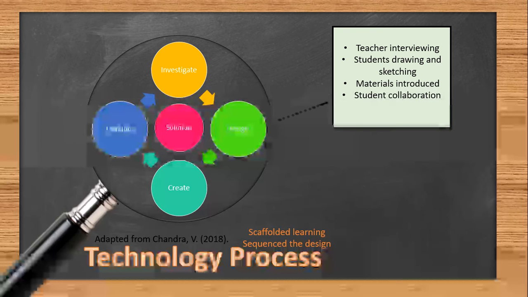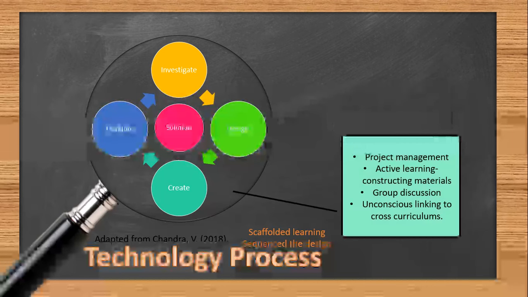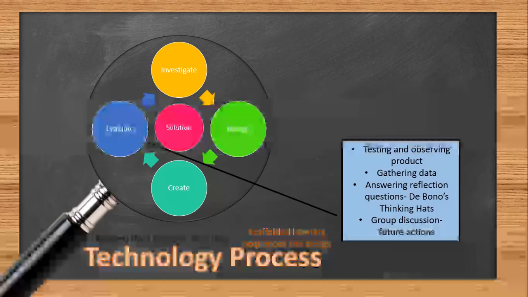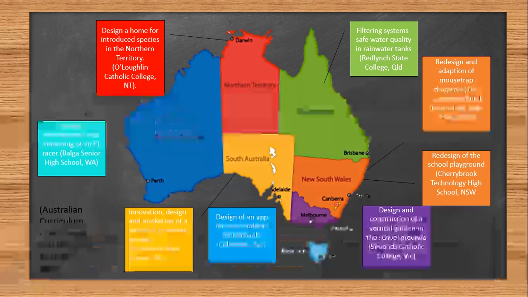In a design phase, it looks like teacher interviewing, students drawing and sketching, materials introduced, and student collaboration. In the creation stage, students are actually creating it and using their active learning and project management skills. For the evaluation stage, they're testing and observing their product, gathering data, and answering and reflecting through maybe de Bono's thinking hats, and coming up with a solution for later.